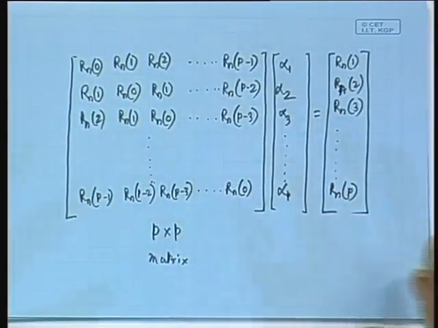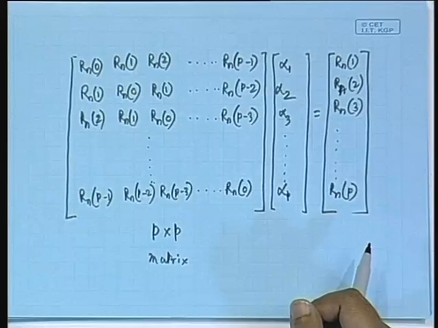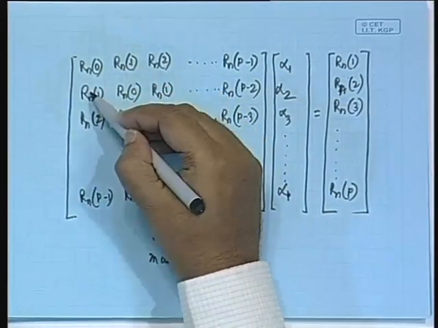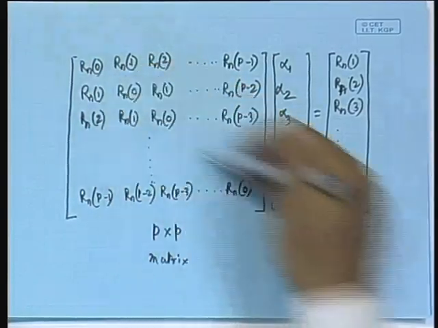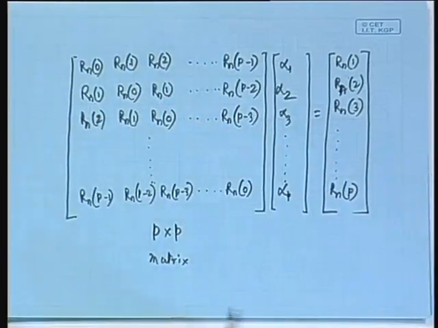So, this is nothing but the same thing. Whatever we had written in summation form, we have written in a matrix form now. And one of the participants here has already pointed out that it results in a symmetric matrix. Indeed so, because you just see Rn1, Rn1, it is symmetric about the diagonal, Rn2 here, Rn2 here, Rn1 here, Rn1 here.